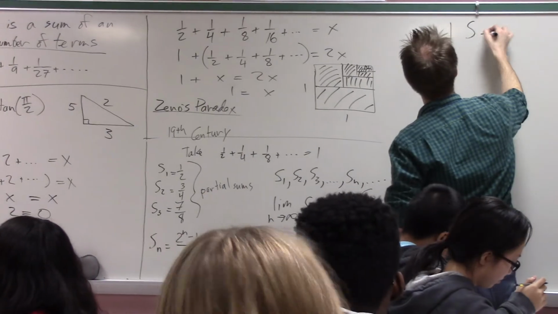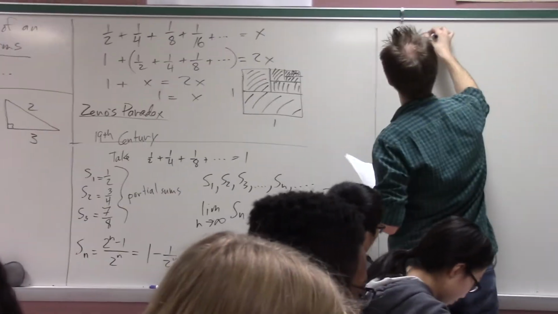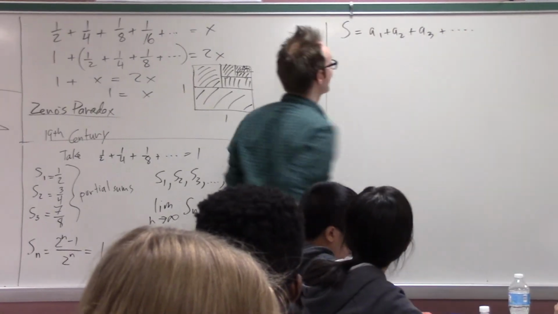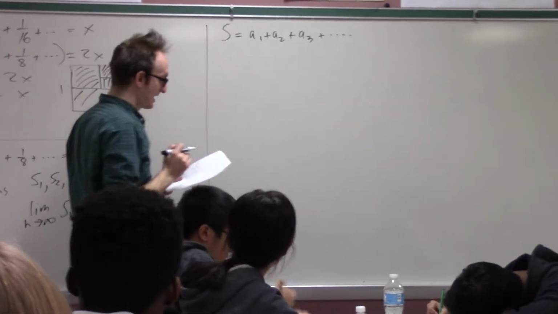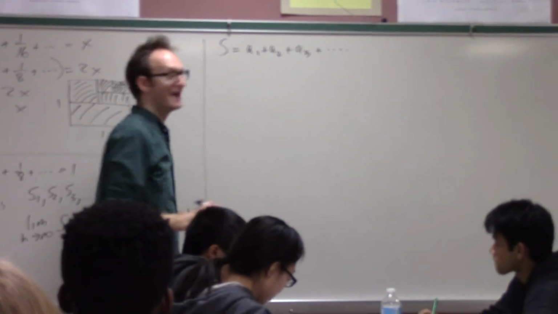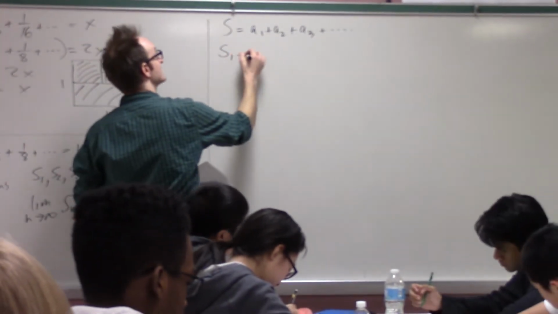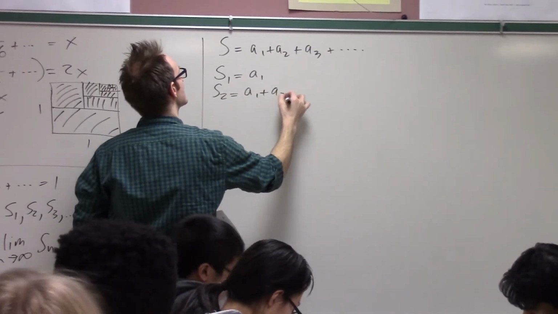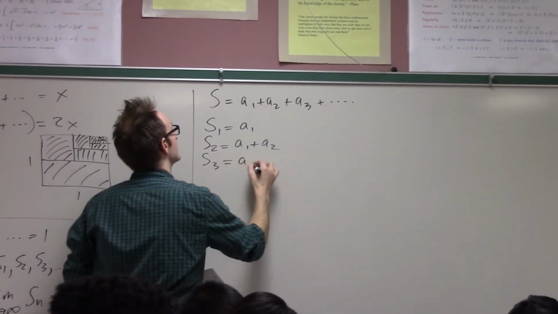Okay, now, in general, then here is the idea. If I have a certain series, A1 plus A2 plus A3, and on forever, what I do is I take the partial sums. So S sub 1 is the first term. S sub 2 is the first term plus the second term. S sub 3 is, et cetera.